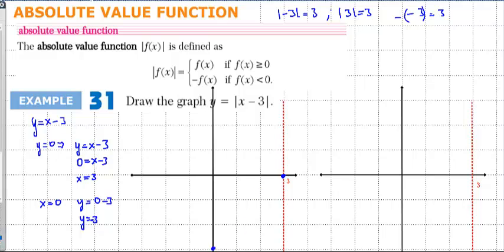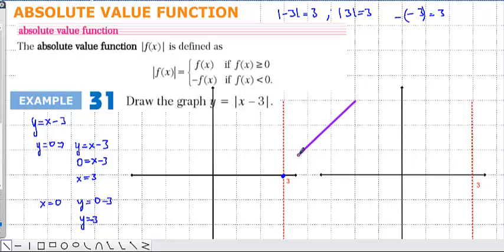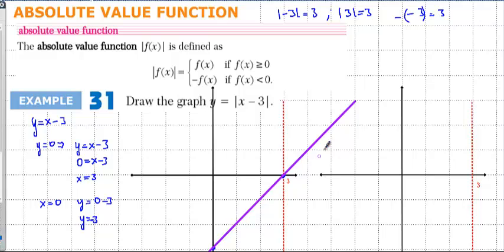Okay, when we draw the graph of the function here, we'll use a different color. This is the graph of y is equal to x minus 3.